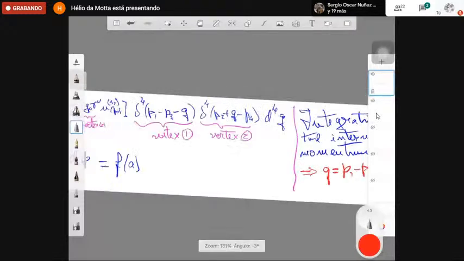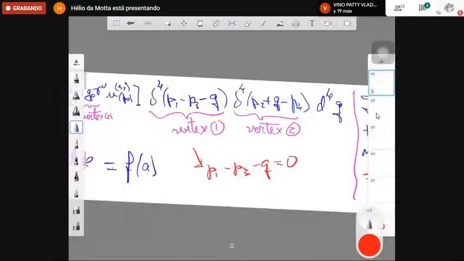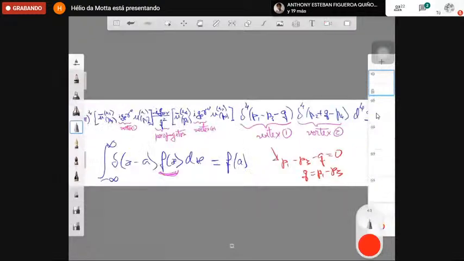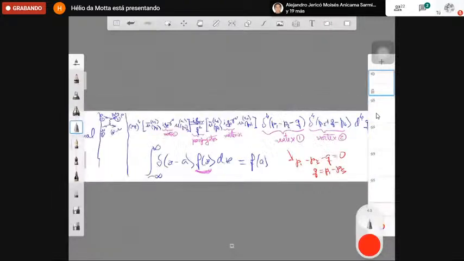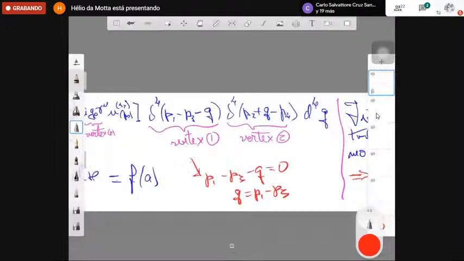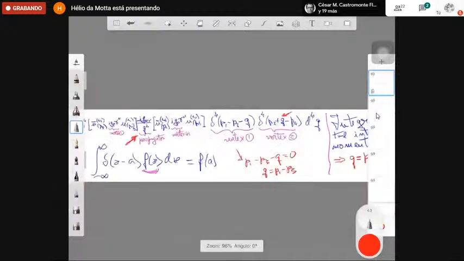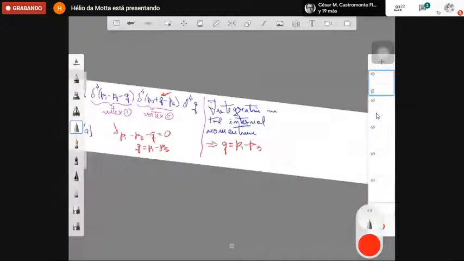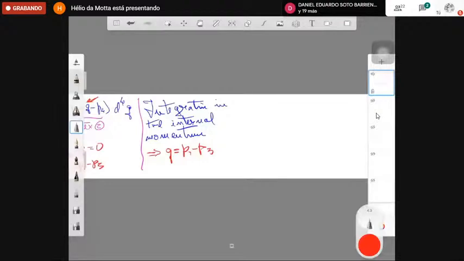We have P1 minus P3 minus Q equals 0, means Q equals P1 minus P3. So all we have to do to integrate all these things is to replace the Q, make Q equal to P1 minus P3 in the other terms of the equation. And it means here, that's where Q is present. Okay? And of course, here. So the Q will disappear from the equation. And you have an equation only with the momentum, the four-momentum of the particles getting into and leaving the process.